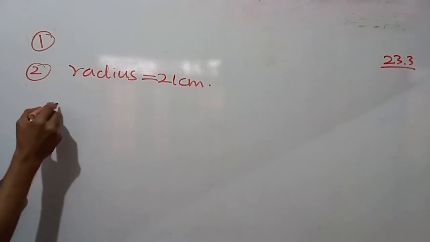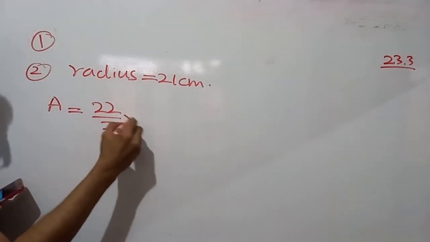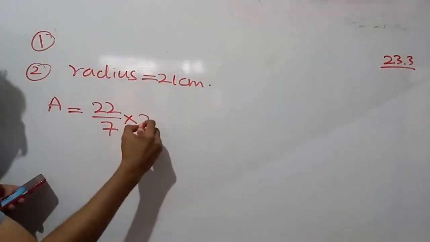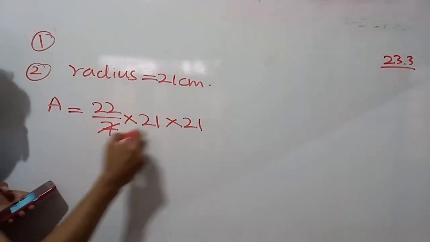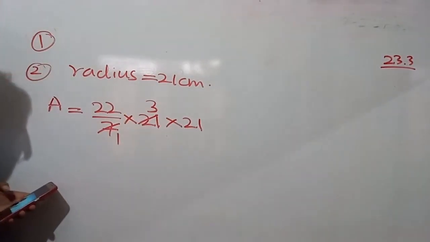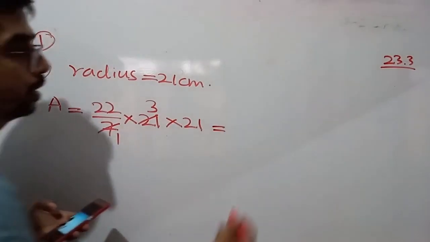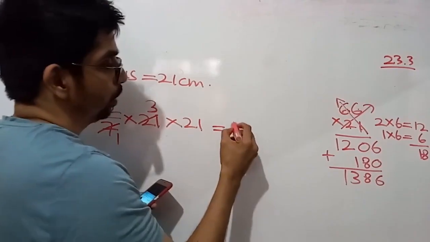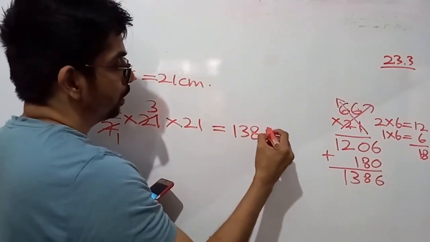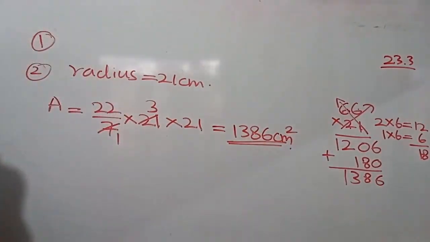So then the area A is 22 by 7, 21 times 21, 21 square. 7 times 1, 7 times 3. So 22 into 3, we have 66. So 66 multiplied by 21 will be 1386 square centimeters.